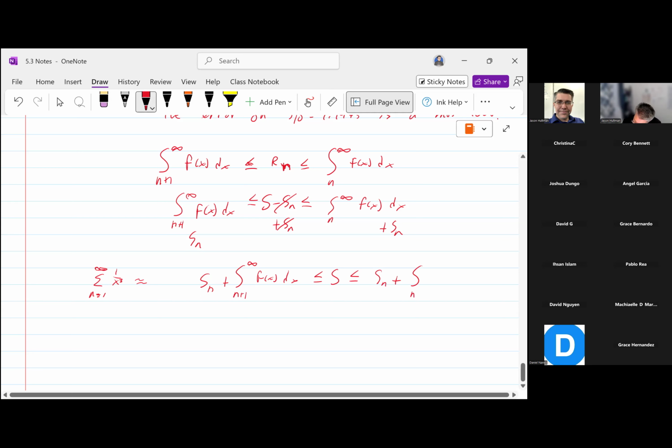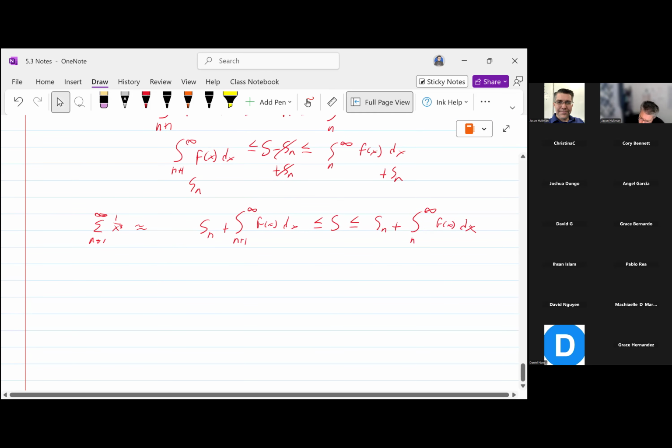This is the integral from n to infinity of f of x dx. How would this look in the previous problem? Well, we already know what s sub 10 is. We found the integral from 11 to infinity of f of x, where f of x was 1 over x cubed dx. We already did that.